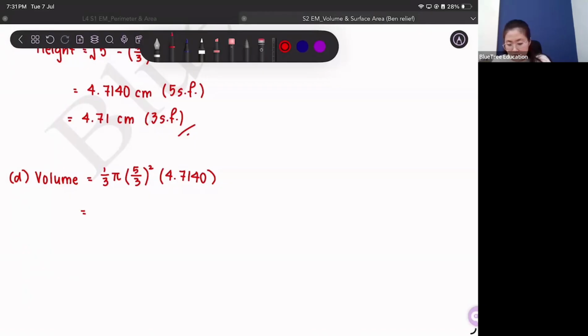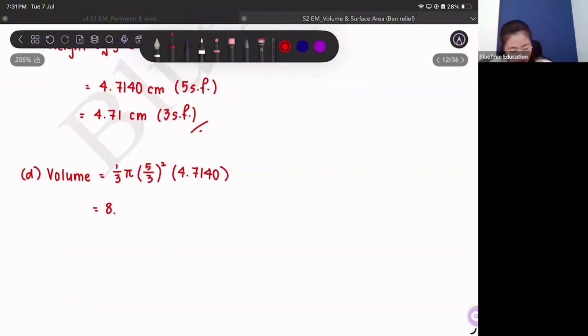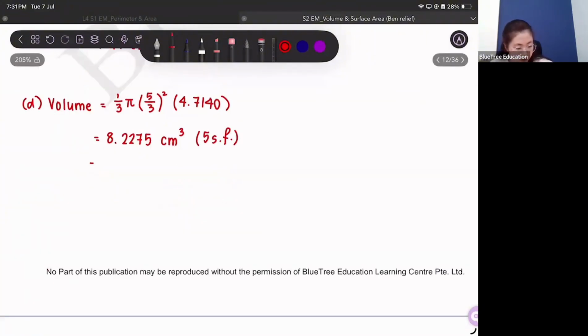Type in 1/3 times pi times 5 over 3 times 4.7140. We end up with 8.2275 cm cubed, to 5SF. Sorry, wait, hold on.